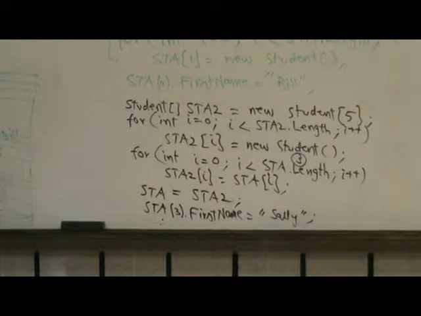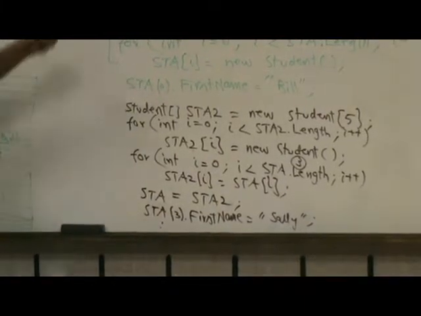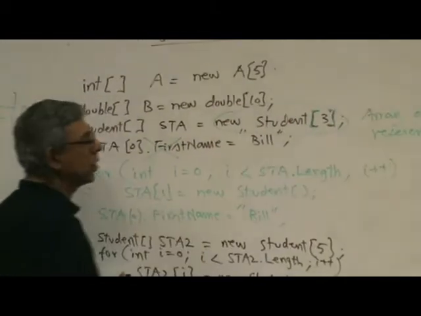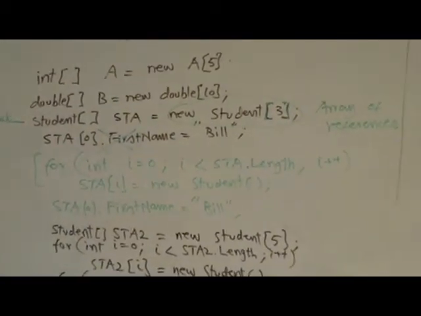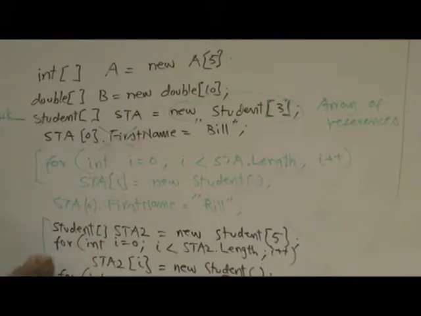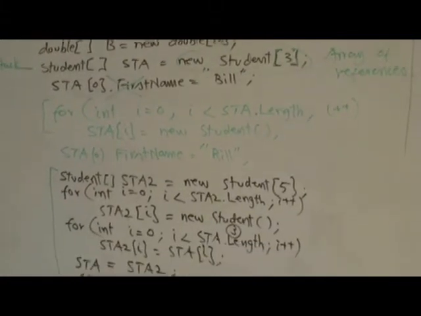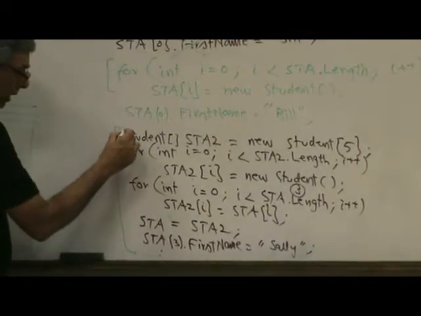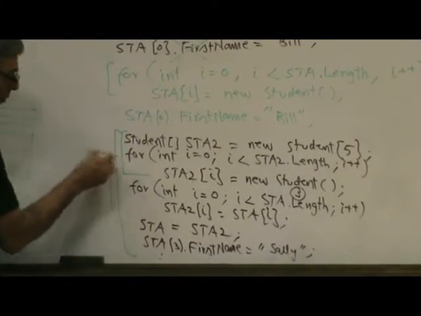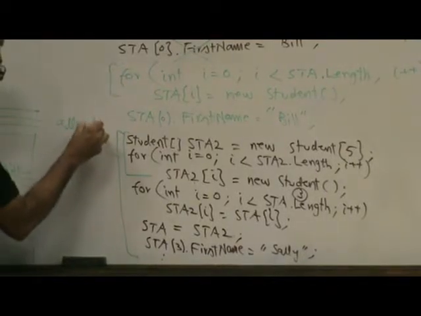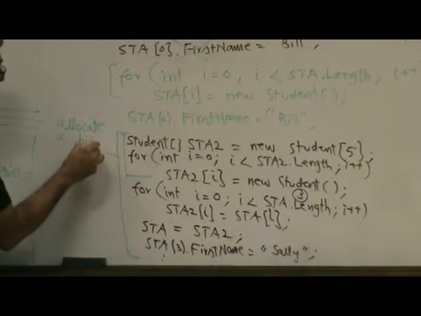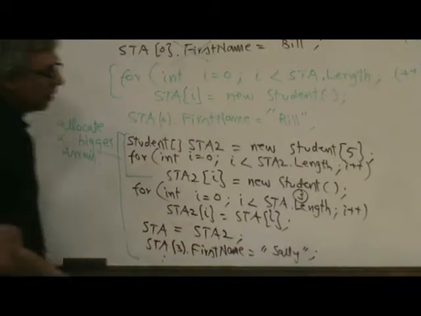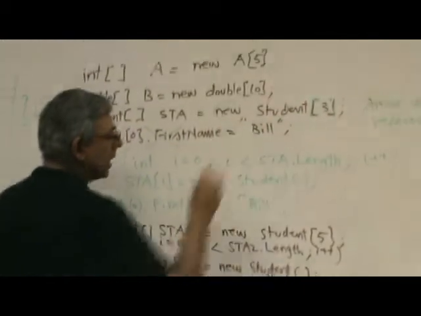So the point is, anytime in your program, if you started with an initial size of the array and then you wanted more memory, in plain English, what's the procedure? You allocate a bigger array. If you take a look over here, what did we do? We allocated a bigger array, right? How much bigger was it in this example? Size 5. Original array was size 3.